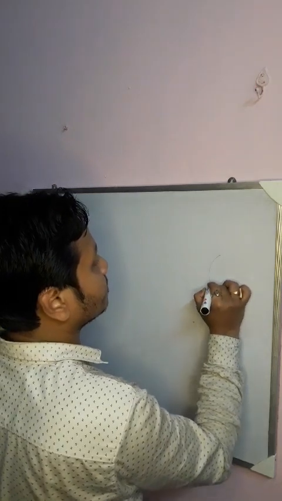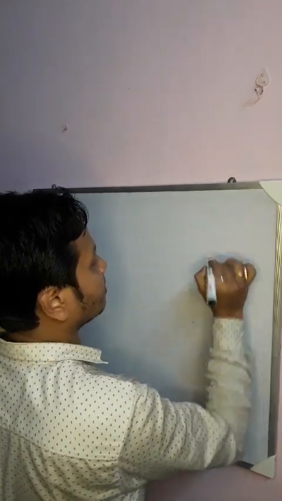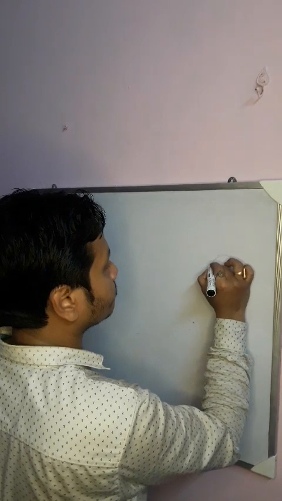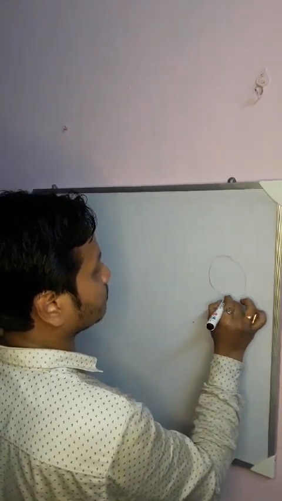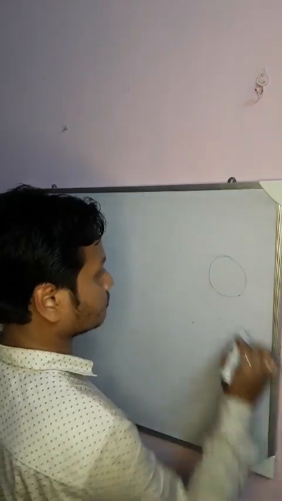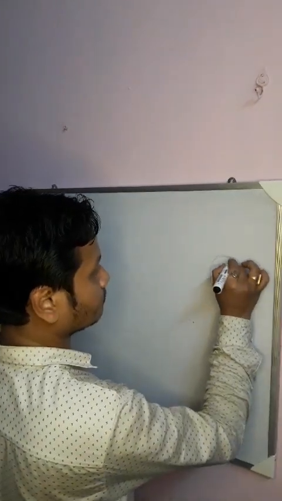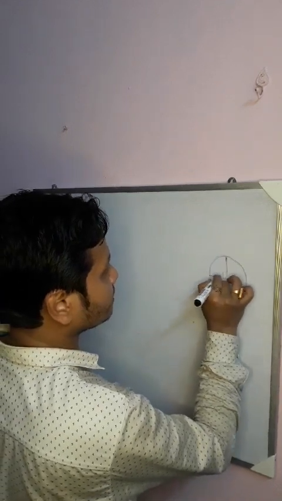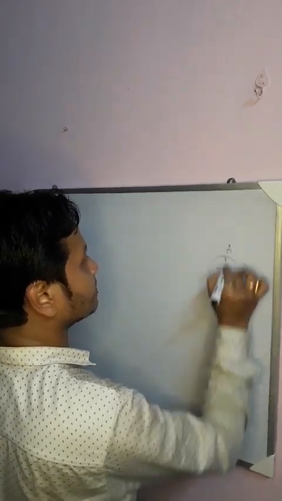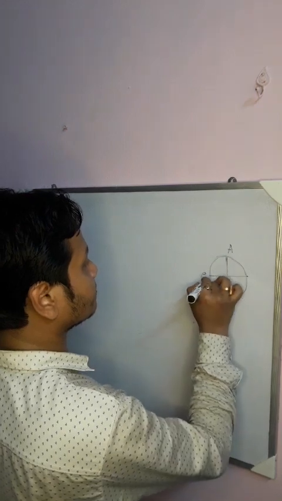If we take the diameter, say this is one diameter and this is another diameter. Say this diameter is AB and this is CD.